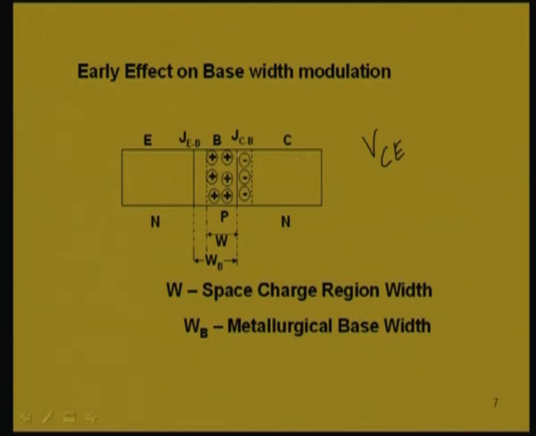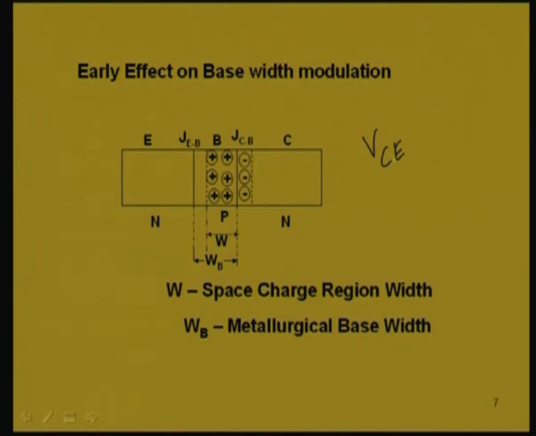So, if W is the space charge region width, then WB minus W is the effective electrical base width in the base region, where recombination can take place. The recombination gives rise to the base current.